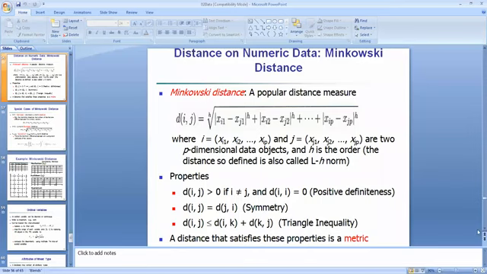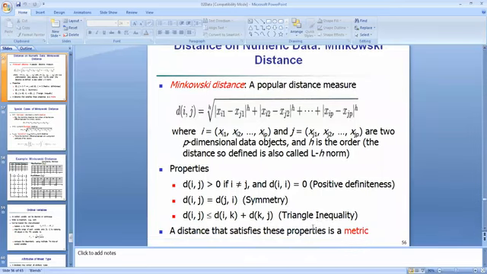Some properties of this Minkowski distance are that dij is greater than 0 if i not equals j and dii equals 0. This is positive definiteness. Okay. That means the distance between i and j is always greater than 0 if i not equals j, and dii equals 0.